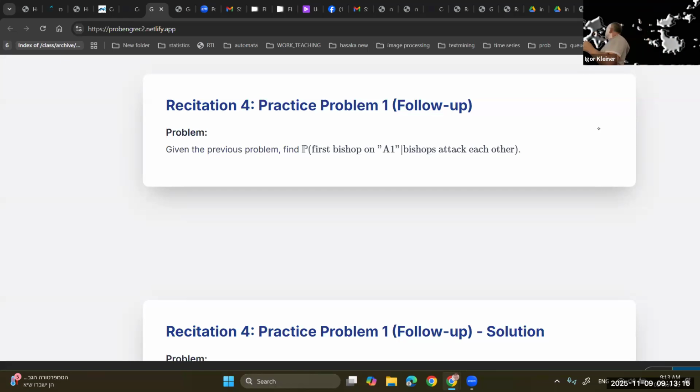And in this question, the order is changed. It says that we know the two bishops attack each other, it's given, and the question is what is the probability that the third bishop... If the order is not logical, this is a hint to try to use Bayes formula. In many cases, it will work. It's a good question. It's not the easiest question, but it's good in itself.